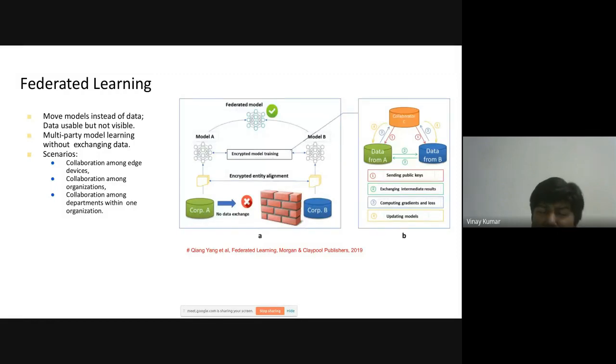In order to ensure user privacy and data confidentiality, the communication process is carefully engineered so that no site can second guess the private data of any other site, right? At the same time, the model is built as if the data source were combined. So this is the idea behind federated machine learning, or federated learning for short.